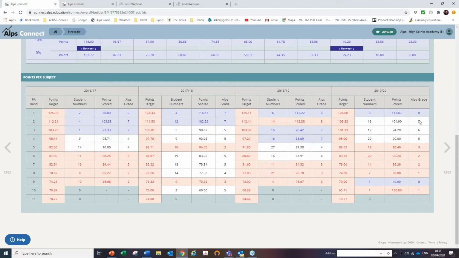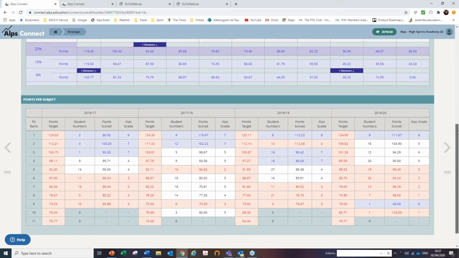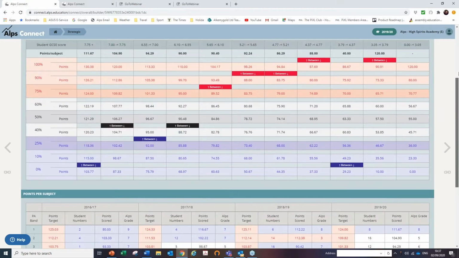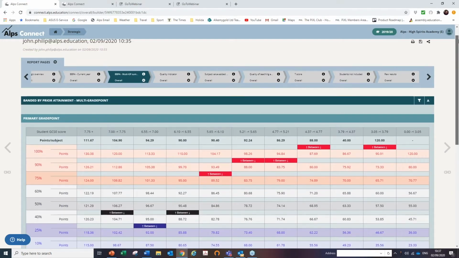And actually, that's been replicated in the centre assessed grades that we have submitted, but maybe as a pointer, both for me to be looking for this when we look at individual subjects and so forth, but also perhaps as a strategic priority still for the school for the year ahead.